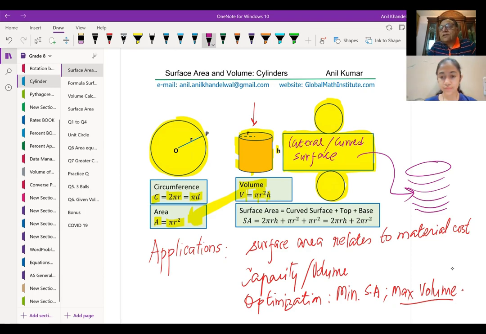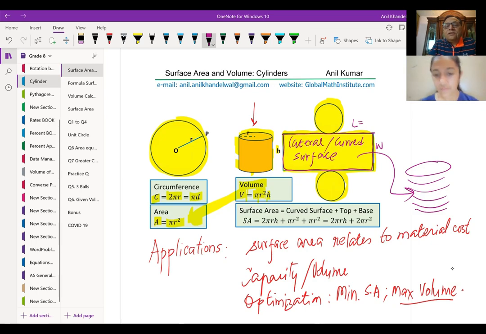So now if you look at the surface area of the cylinder, we have the area of this, what opens up like a rectangle, correct? The curved surface, I can say, in easy terms. Rectangle area is length into width, right? Now, what is the length?